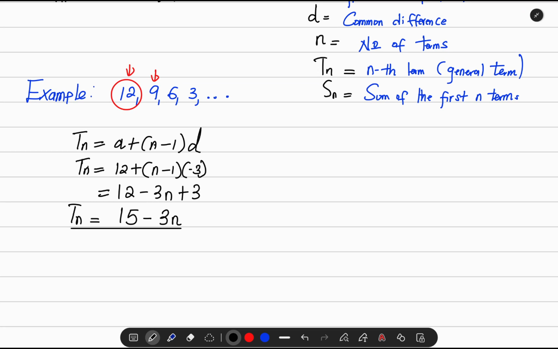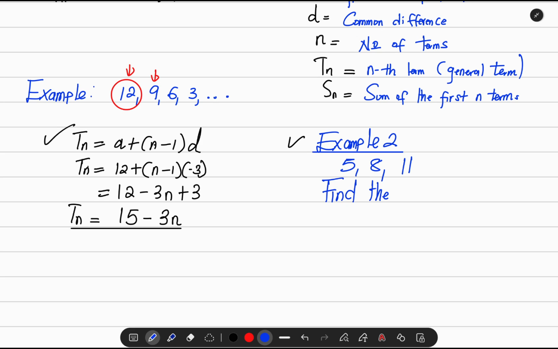Let me give you another example. Example 2. If I give you the sequence 5, 8, 11, then I ask you to find the 12th term.